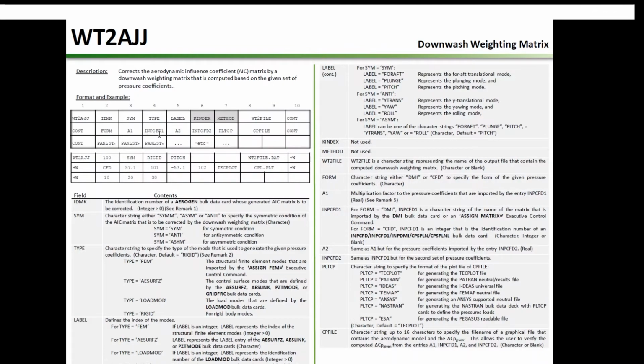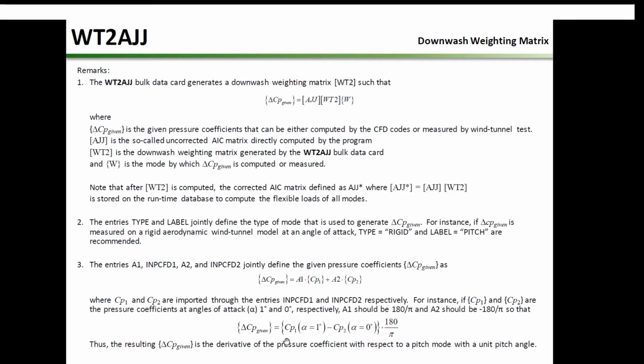So you import 2 sets of CFD solutions at different angles of attack, and then you can calculate the DCP by the alpha. Say you say type equal to rigid, and the label equal to pitch, so that you define a rigid body pitch mode, and then you use 2 sets of CFD to compute the derivative of the CP, and then you generate the WT2.